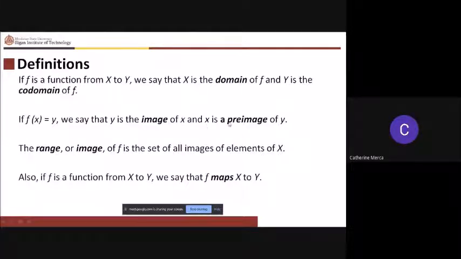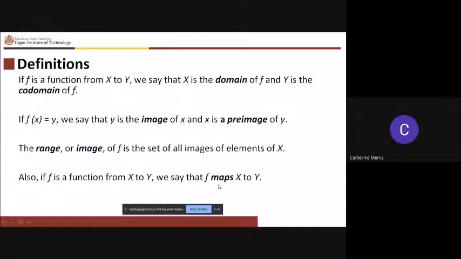And the value x is called your pre-image, and the value y is called your image of x. So we say that a function from X to Y, f maps X to Y.